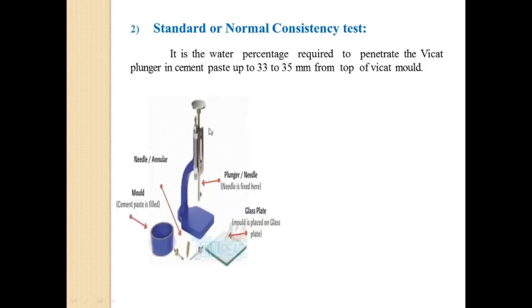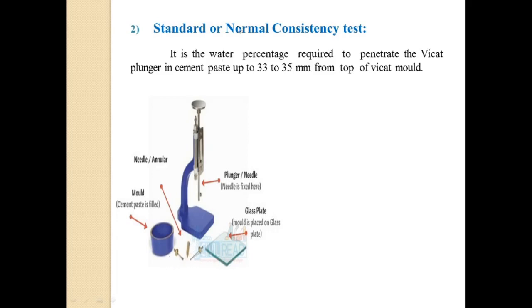So here we can see the Vicat apparatus, the whole assembly. This is the mold in which we fill the cement paste. This is the glass plate. These are three needles: this is a plunger, this is the initial setting time needle, and this is the final setting time needle.